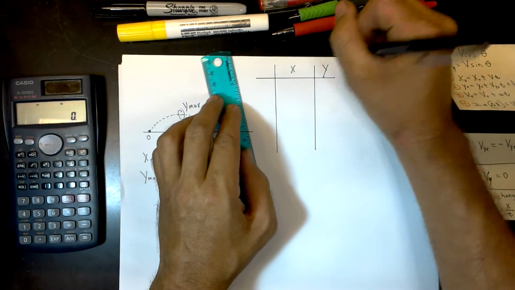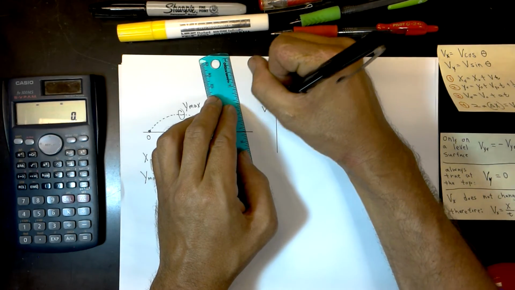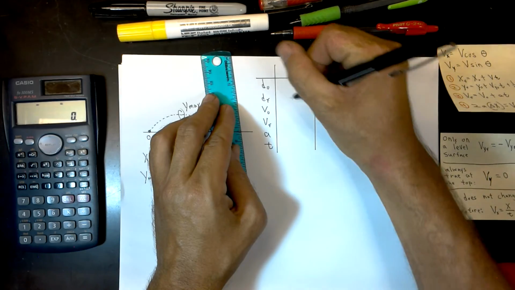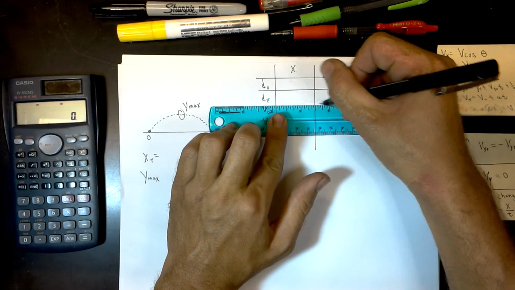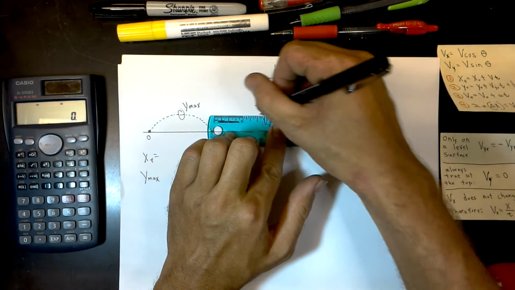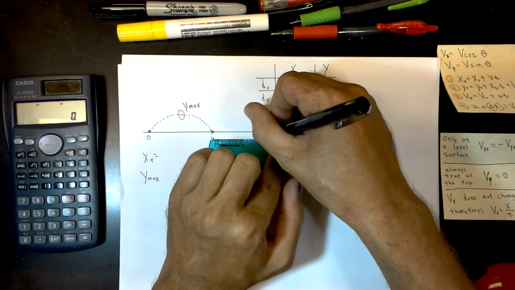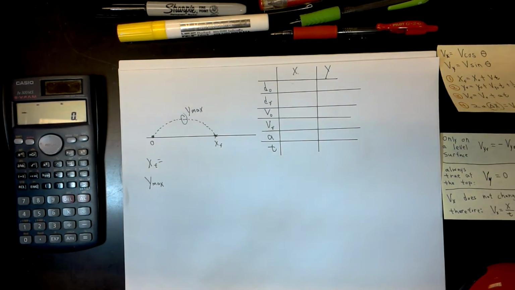X, y, distance initial, distance final, velocity initial, velocity final, acceleration, and the amount of time. Okay, I'm going to do the x column first.